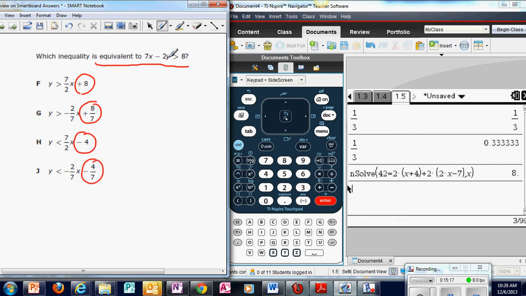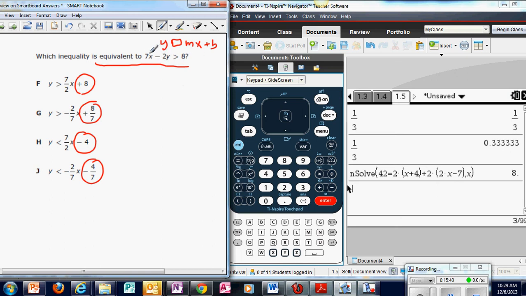So I know if I can get this equation into what's equivalent to slope-intercept form of a linear equation, all I got to do is look at the y-intercept. So I want y, the inequality, mx plus b. The y is there, but it's not by itself. It's got a negative 2 in front of it.